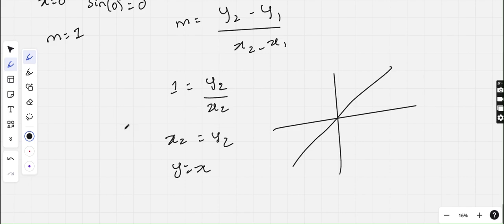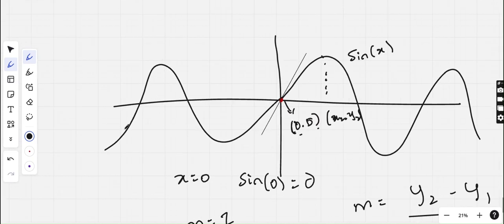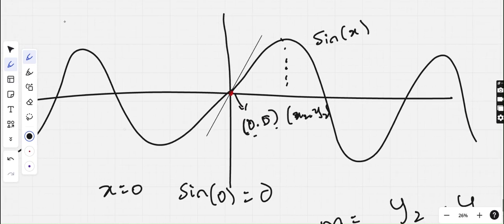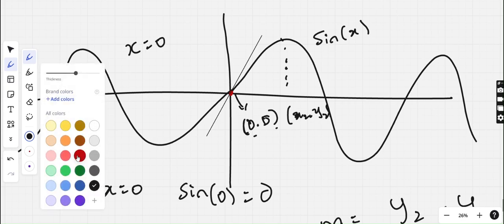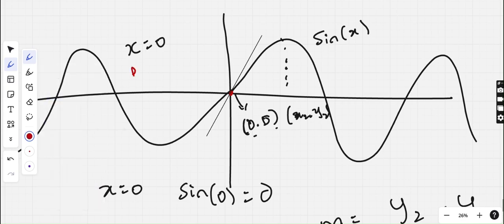If you observe carefully, at the origin we took the x value as 0 as our input and we got a value of f of x which is 0 again. So this is the behavior at that point only, nothing else.